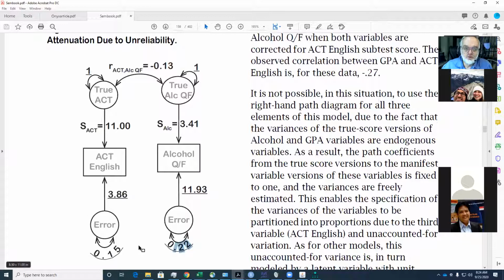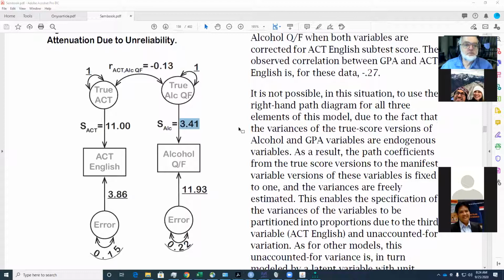So I specified a structural model with these 4 parameters fixed. Upstairs, I fixed the variance of the latent variable to be 1, and I freely estimated these 3 parameters. To repeat what I said before, this number represents an estimate of the standard deviation of the true score of ACT, and this represents an estimate of the standard deviation of the true score of alcohol.